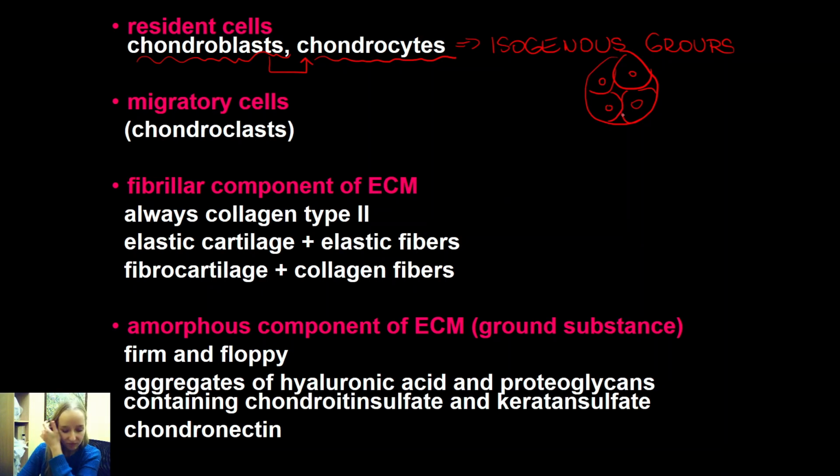Then we have migratory cells also in cartilage, but these do not occur commonly. As I said before, in cartilage that's not normal. You have chondroclasts in cartilage only in a certain process.